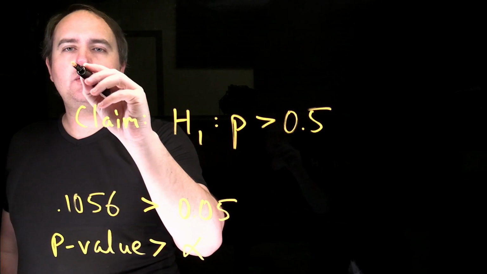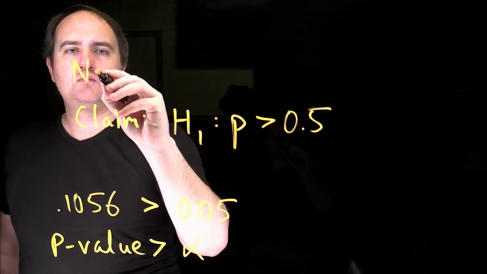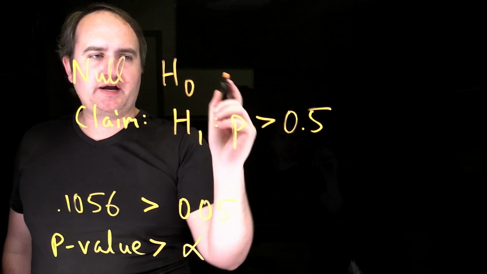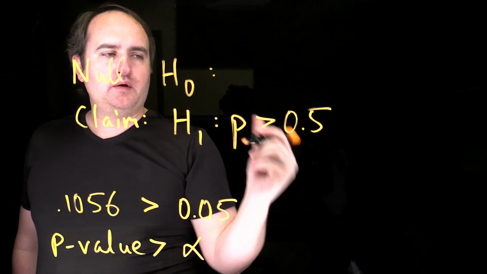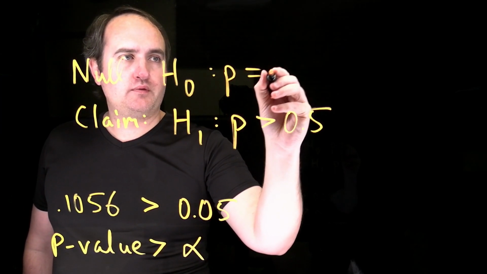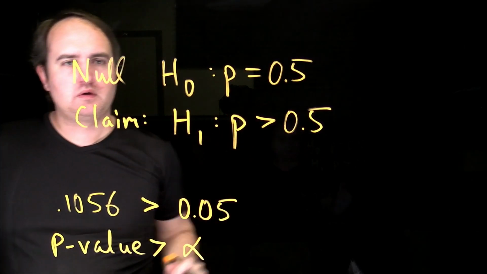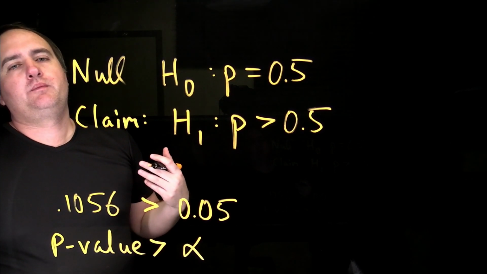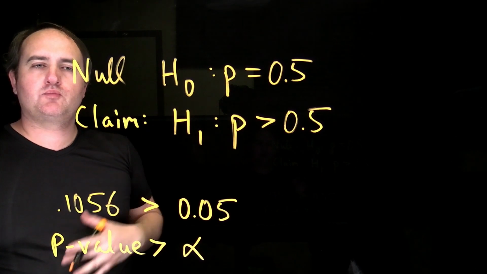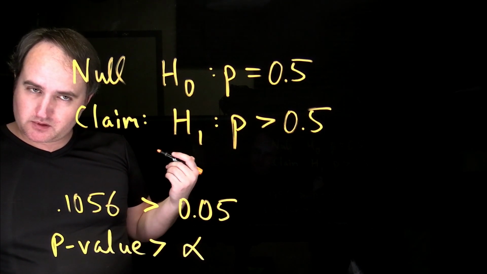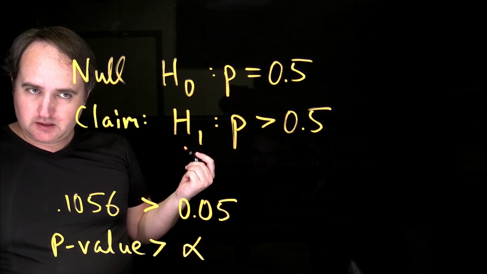And then the null hypothesis was H naught or H0. We replace this greater than symbol with an equals. Okay? So it can get more complicated, but for our class, the claim is always going to be the same as the alternative hypothesis.